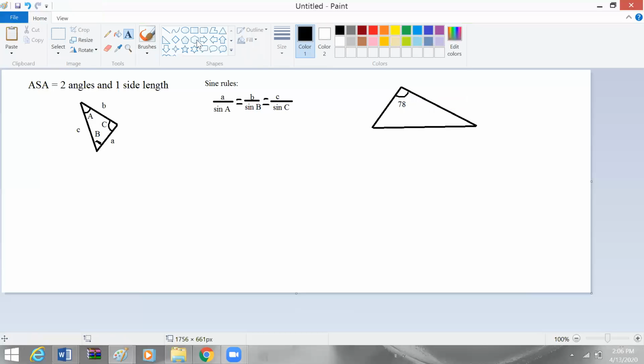Remember, the question should give us two angles and one side length to solve from. This is very important, because we're going to use the sine rule to solve a certain problem.